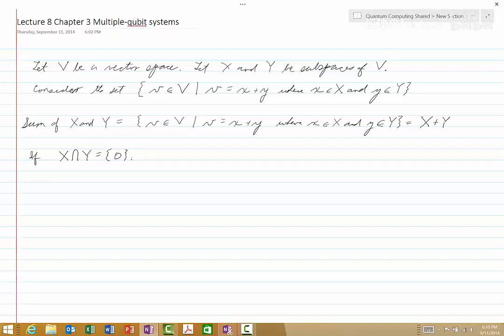So, if the intersection of the two sets consists only of the zero vector, then we call the sum a direct sum and use the notation X ⊕ Y. So I wanted to make you aware of that one extra requirement for this to be called a direct sum.